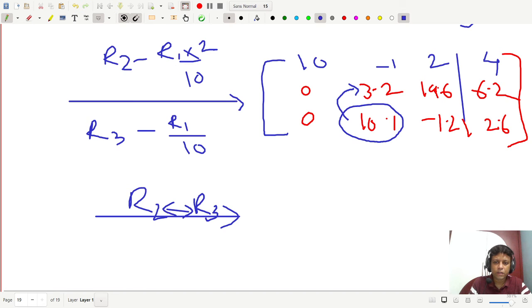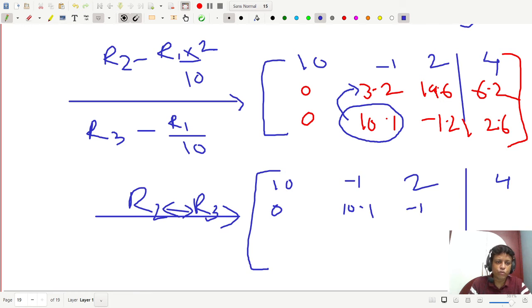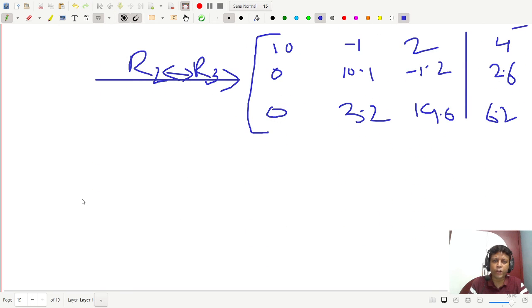The equation 1 remains the same. So 0 10.1 minus 1.2 2.6, and this will come to the third position, 3.2 19.6 6.2. Okay, clear?